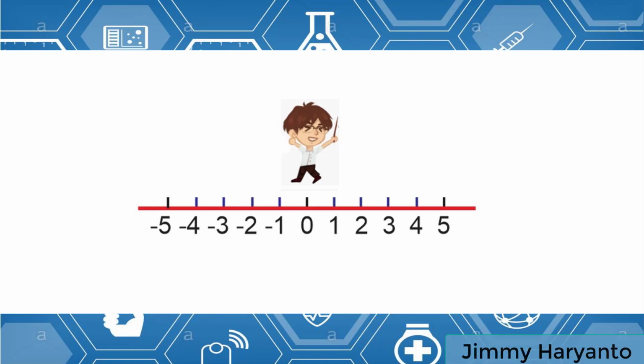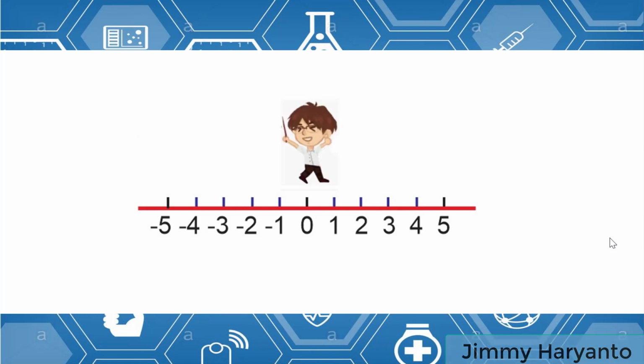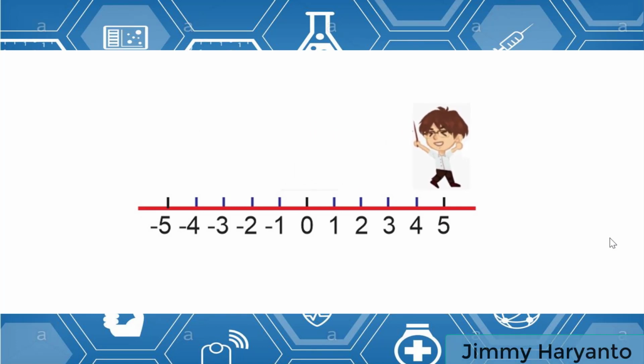Next, he walked to the left side until he stopped at negative 5. This represents absolute value of negative 5. And then he walks to the right side until he stopped at 5, and this represents absolute value of 5.